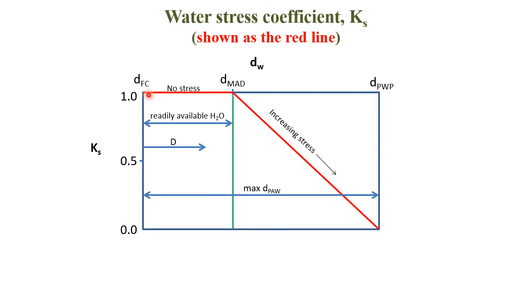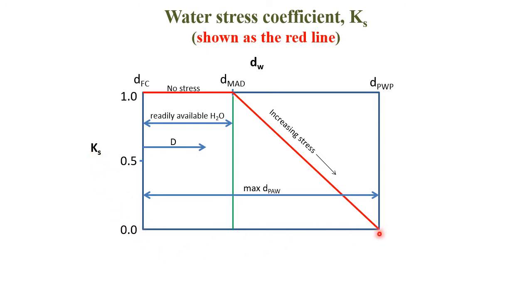And as you can see, the red line represents the Ks value when the moisture content is between field capacity and MAD, management allowed depletion. There is no water stress, so the Ks is 1. And as soon as the water content, or this depth of water, goes below management allowed depletion, then there is a linearly increasing stress represented by a decreasing Ks.